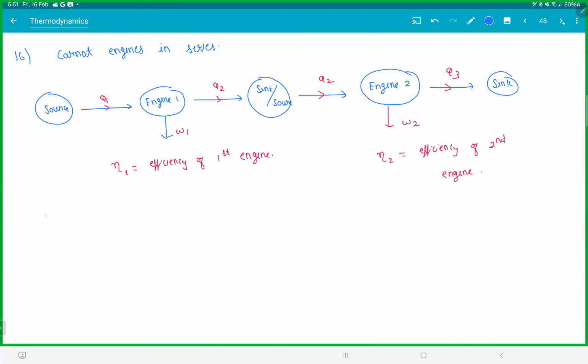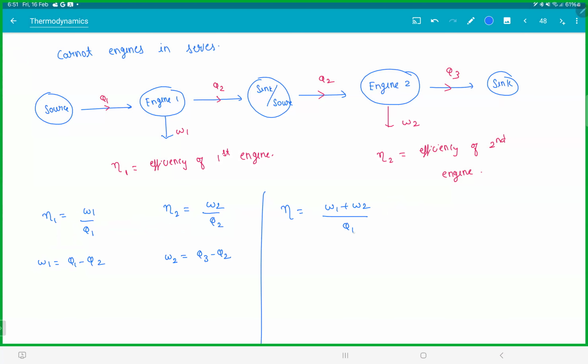So the main idea here is efficiency eta 1 is W1 by Q1. Okay? And W1 is Q1 minus Q2. Efficiency eta 2 is W2 by Q2. And W2 is Q2 minus Q3. Fine. Now what you want is the efficiency of the full cycle. That is the total work done, W1 plus W2, and the heat given is Q1. So this is W1 by Q1 plus W2, which is eta 2 Q2, by Q1.